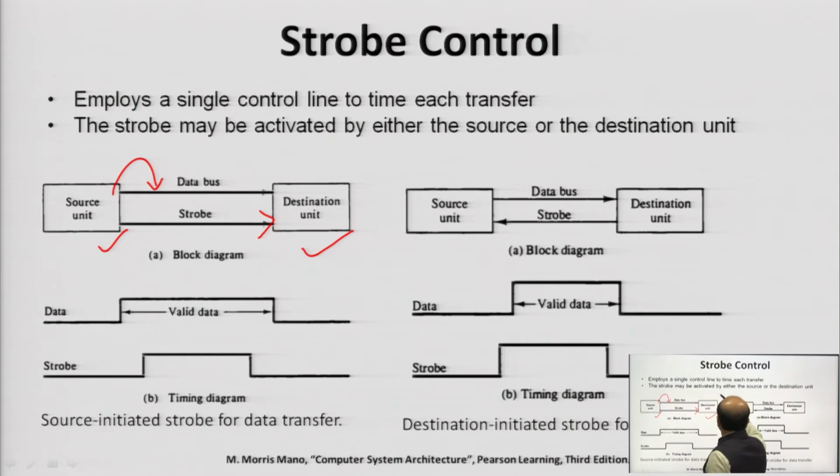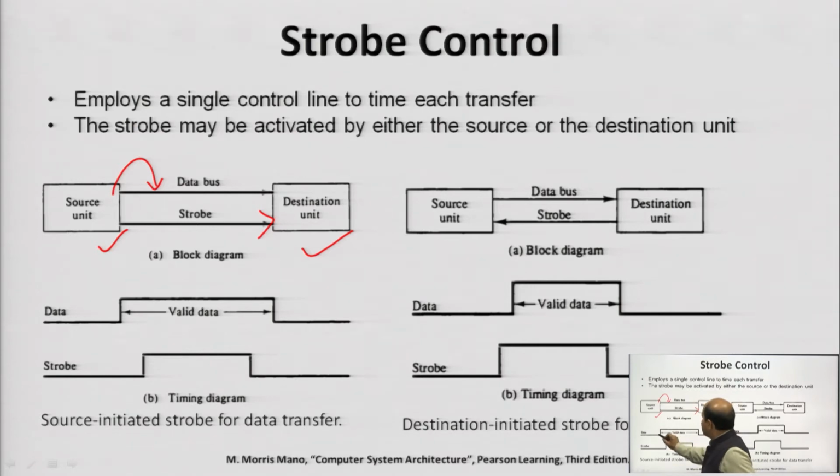So, the strobe may be activated by either the source or destination unit. In this particular case, the strobe control signal will be issued by the source unit. In the strobe control methodology, only one control signal will be issued, either by the source unit or destination unit. If it is the source unit, then the strobe signal will be issued by the source unit. Before sending the control signal, it will first provide the data, put the data onto the channel. Channel means data bus.